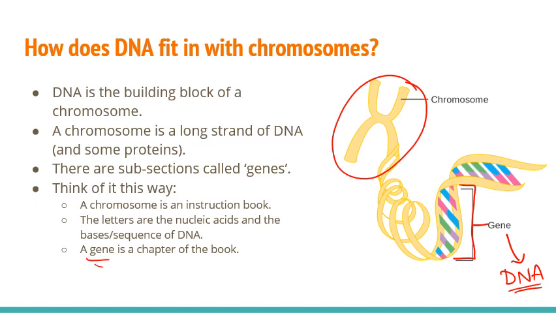A gene is just a chapter of that book. If you're reading a book about your washing machine, that book itself would be the chromosome. You might want to jump straight to the chapter about troubleshooting. So that would be a gene. And every single letter that you read within those words would be your nucleic acids or your nitrogenous bases.